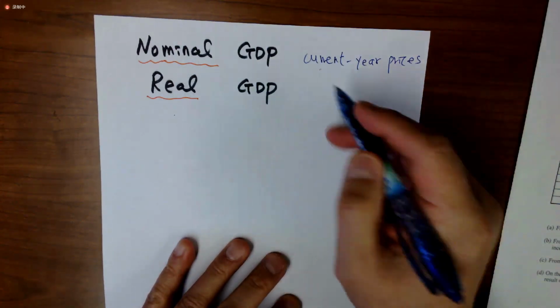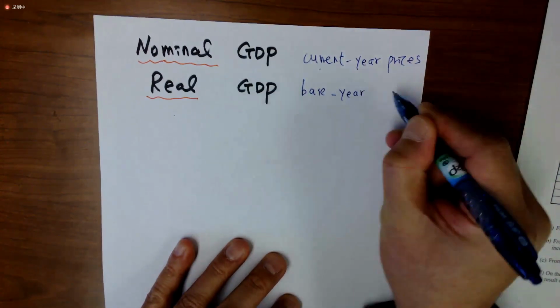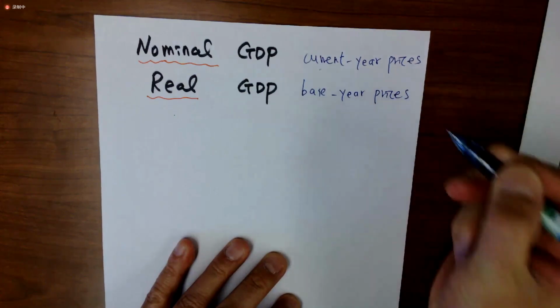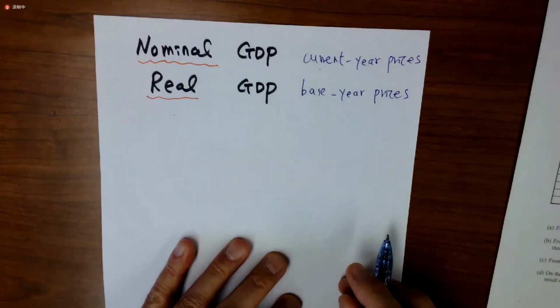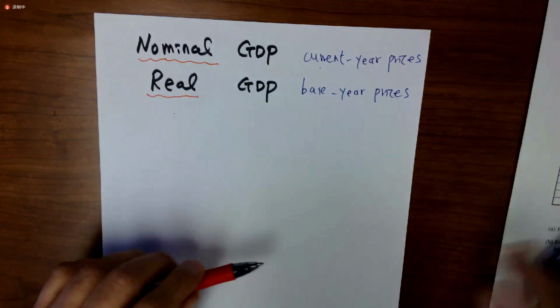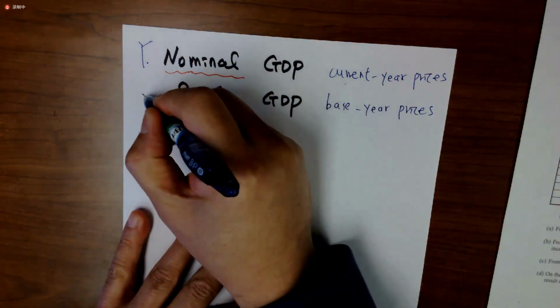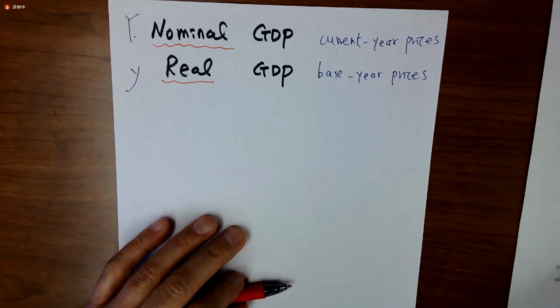However, real GDP, you're going to use the base year prices. Yeah? Everybody? Yes. And then we use capital Y to denote nominal GDP, little y to denote real GDP.